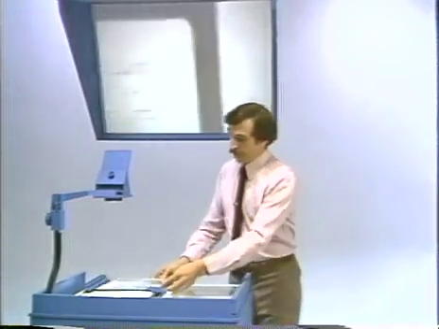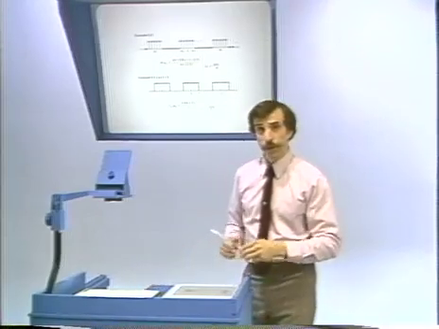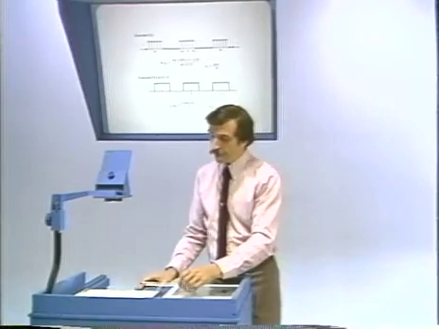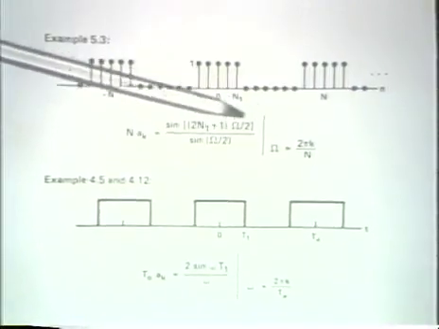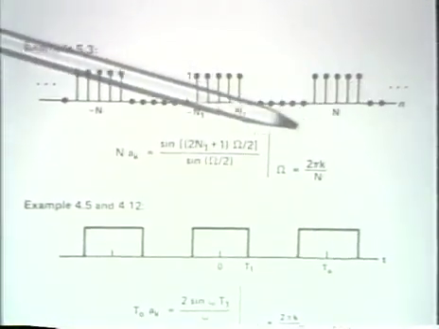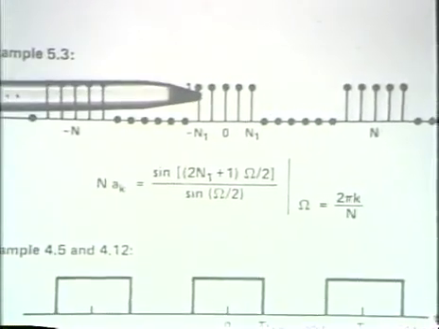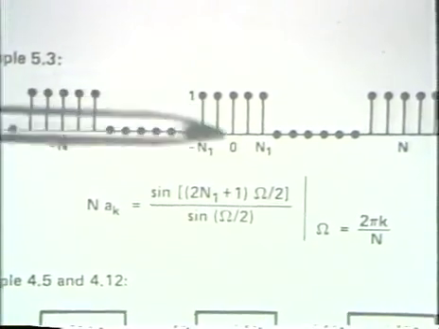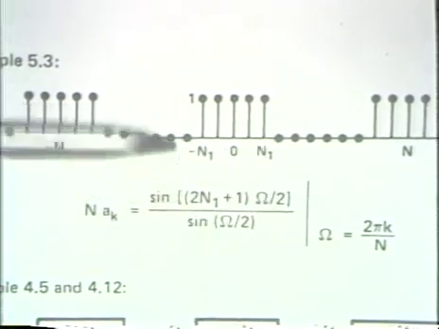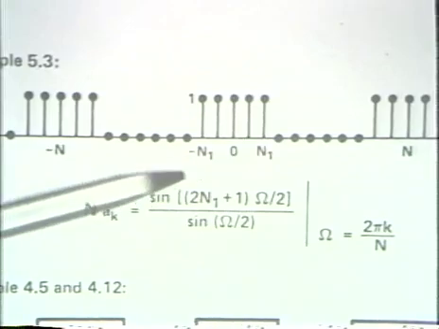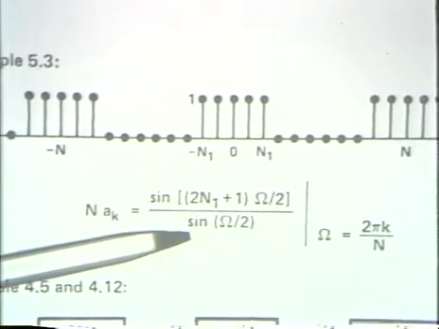Okay, let's look at another example. This is another example from the text, and one that we'll be making frequent reference to in this particular lecture. It is a square wave, and I've expressed the Fourier series coefficients, which are algebraically developed in the text, as samples of an envelope function, a sine nx over sine x function.